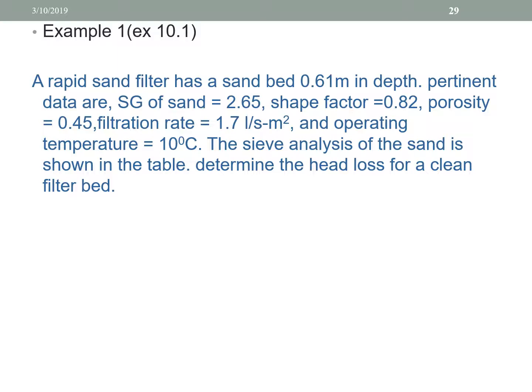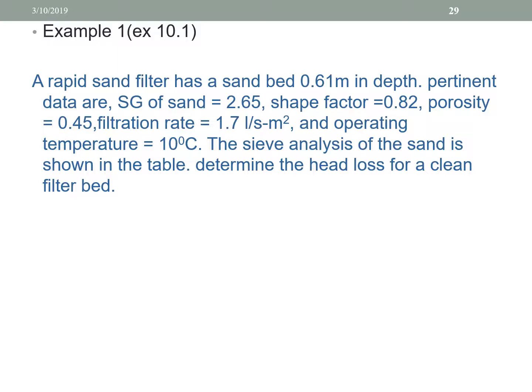There's an example here. A rapid sand filter has a sand bed 0.61 meters in depth. Pertinent data: specific gravity of sand is 2.65, shape factor is 0.82, porosity is 0.45, filtration rate is 1.7 liters per second per meter squared, and operating temperature is 10 degrees Celsius.